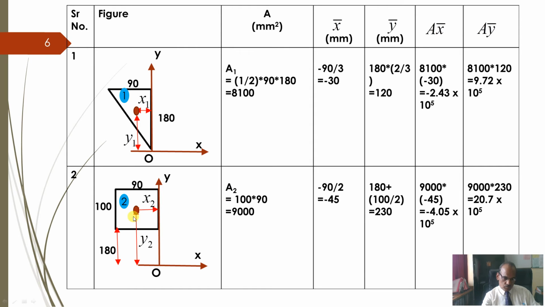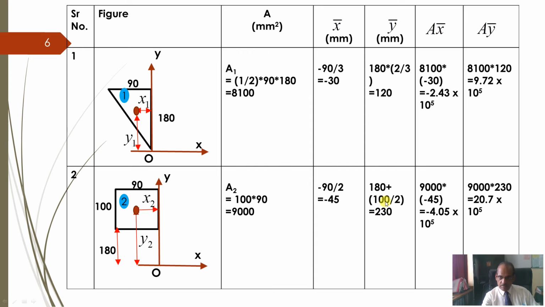Number 2, above this triangle, this rectangle is given. So the area, there is no doubt, 90 by 100. Then the centroid will be this point. So the y coordinate is half of 100, that is 100 by 2, plus this 180.